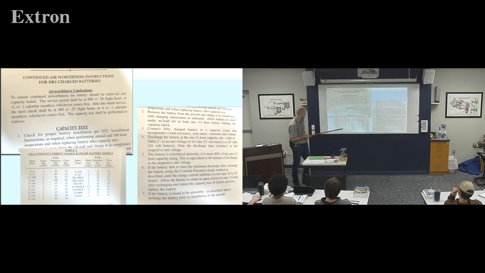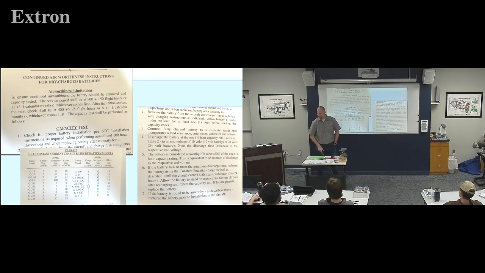Refer to this table. On ours, the 1 hour rate is 23 amps. So they're actually saying put it on a test bench, and we're going to discharge this battery with a constant discharge of 23 amps, and we're going to see how long it lasts. We're going to hit the stopwatch and say, how long will this thing discharge at 23 amps? The battery is considered airworthy if it meets 80% of the 1 hour rating.